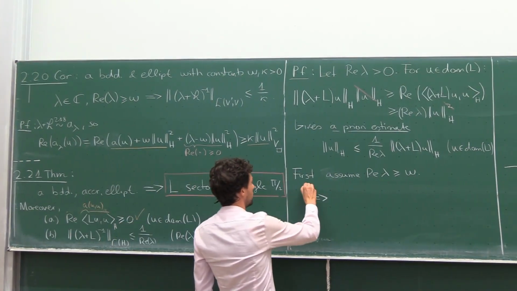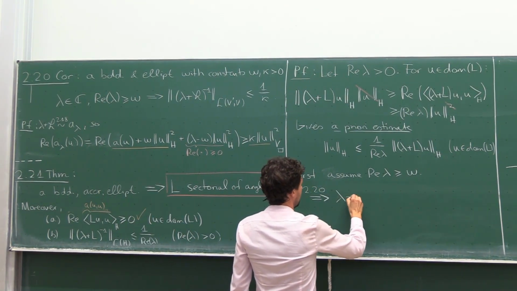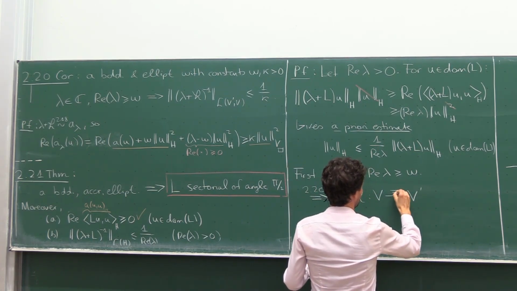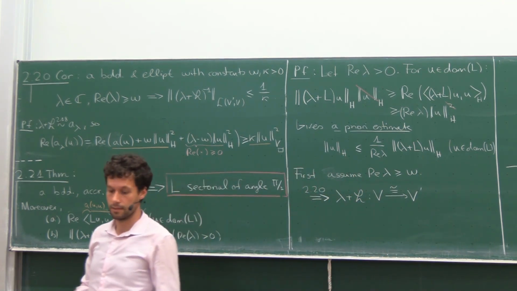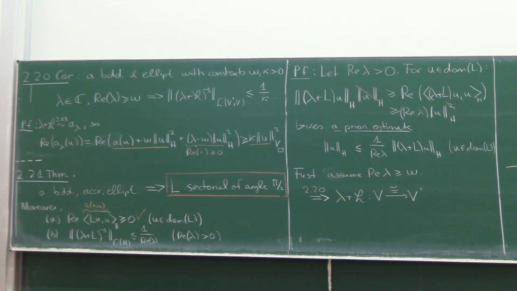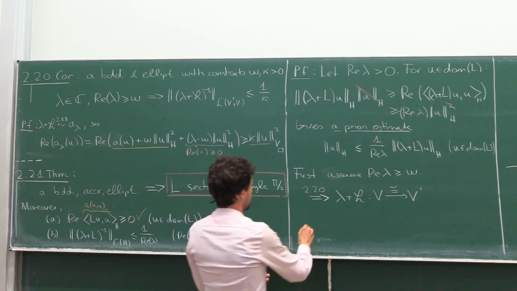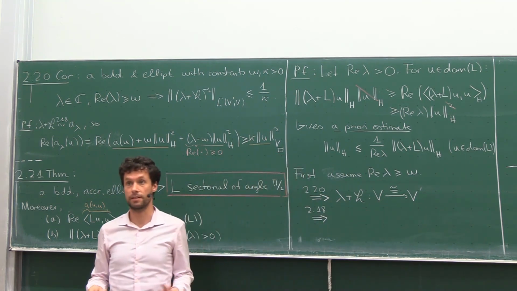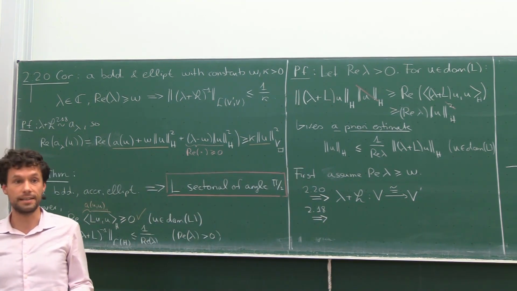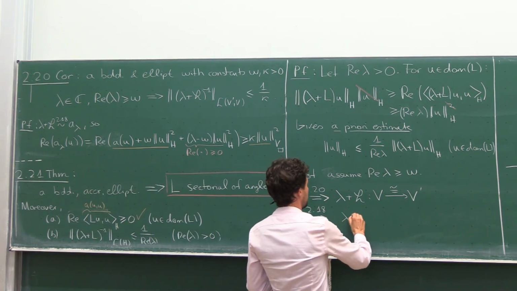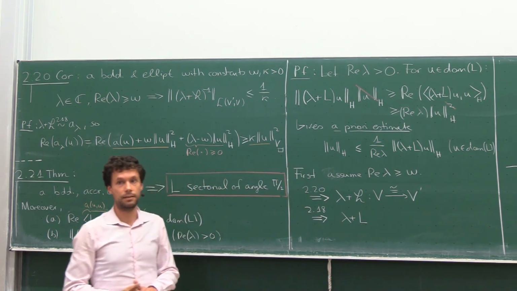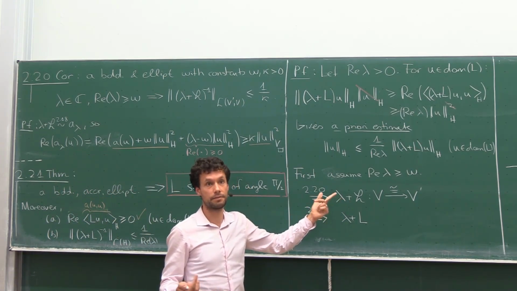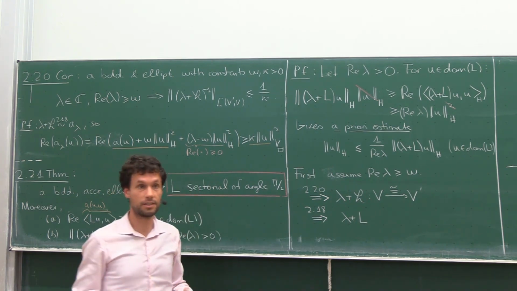Okay, and so 220 tells me that lambda plus L going from V to V prime is an isomorphism. Agreed? And so in particular, it's injective and it's surjective. Now 218 tells me that lambda plus the non-script L is a restriction of this operator. So as a restriction of an injective operator, it is injective.